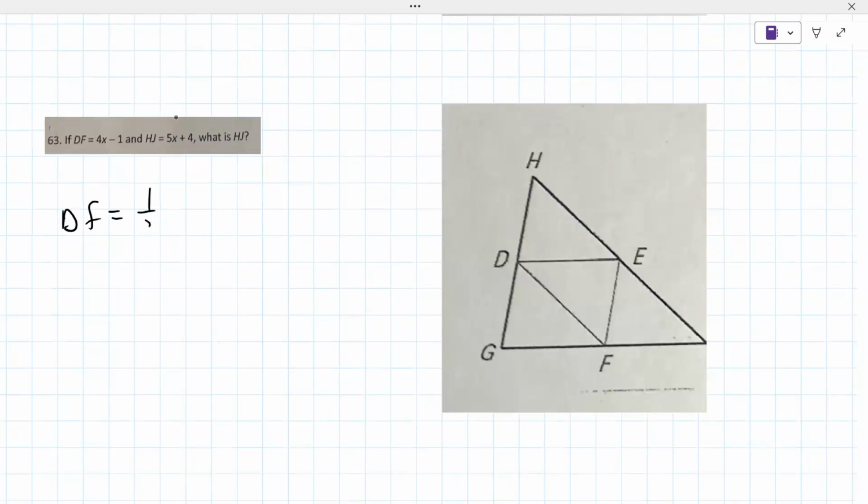Oh, so it's HJ, 5x plus 4 equals 2 times 4x. So 8x plus 2. X plus 4 minus 3x plus 2.